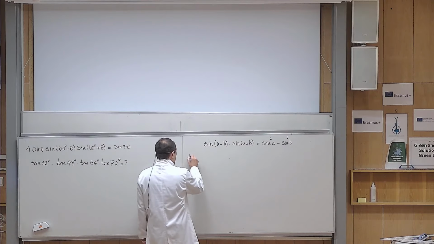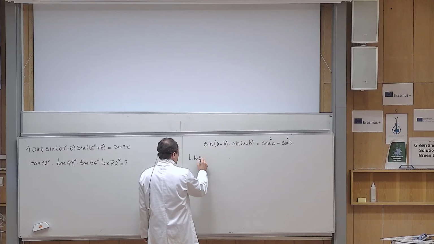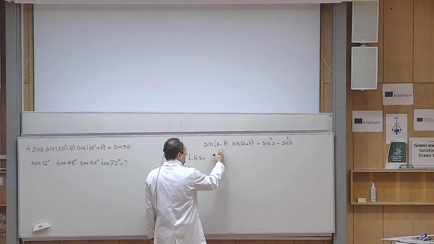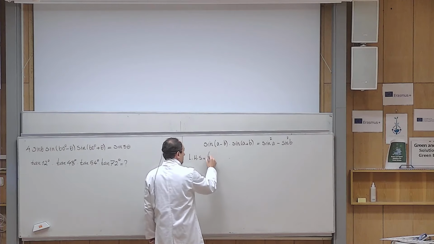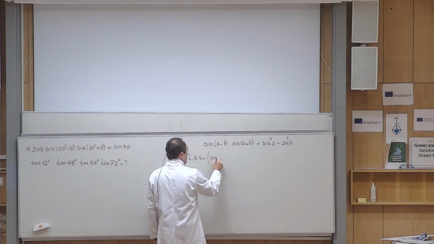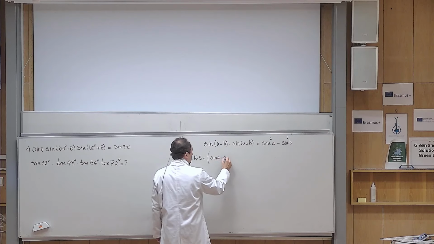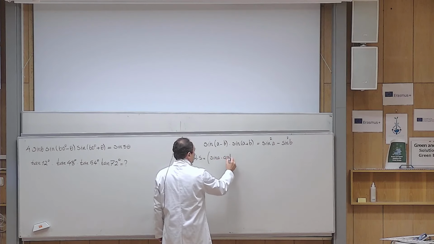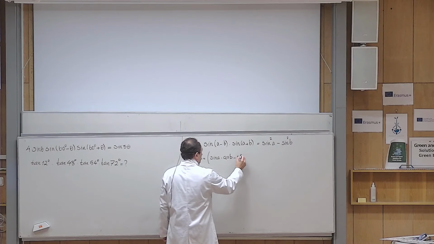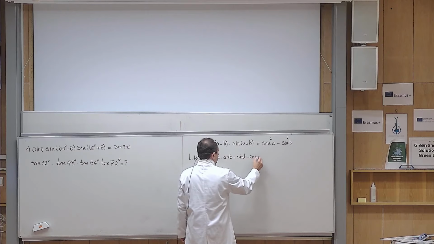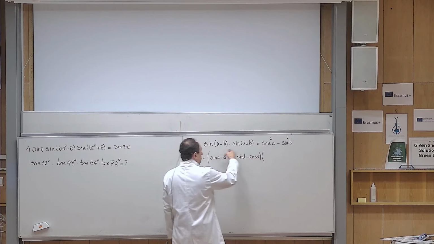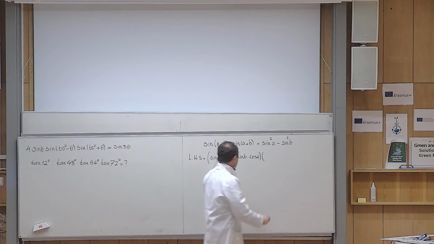I start from the left-hand side, and using the subtraction and addition formula for sine, I will open them up. So it becomes sine of the first one times cosine of the second one minus the other way around, sine of the second one, cosine of the first one. The second one is the same, but this will become positive.